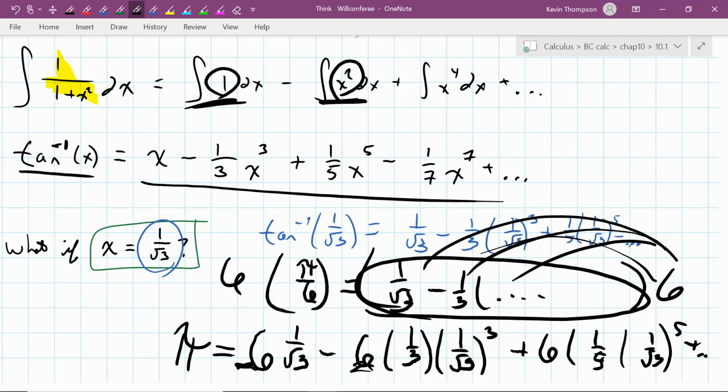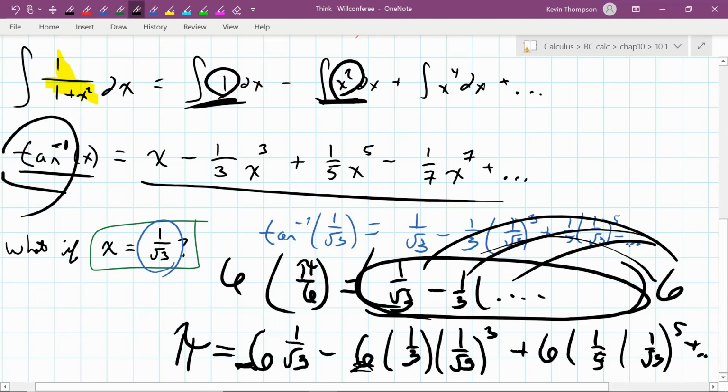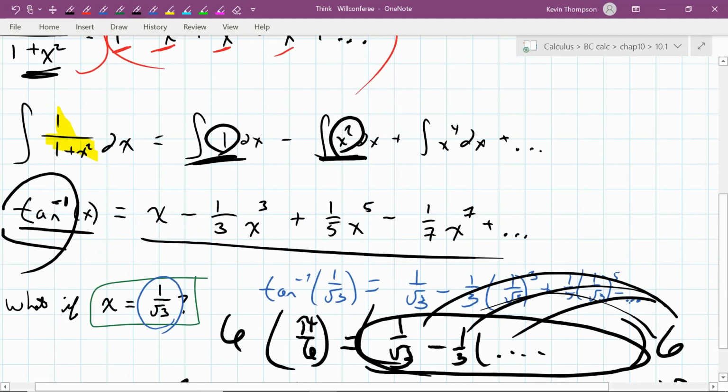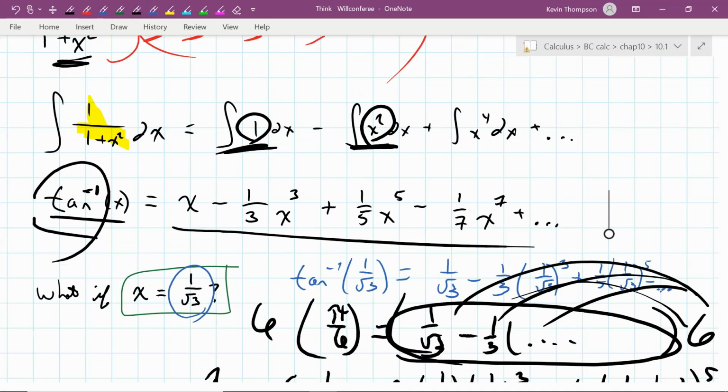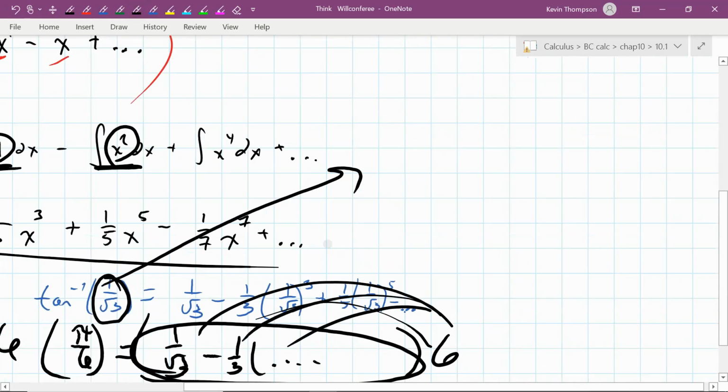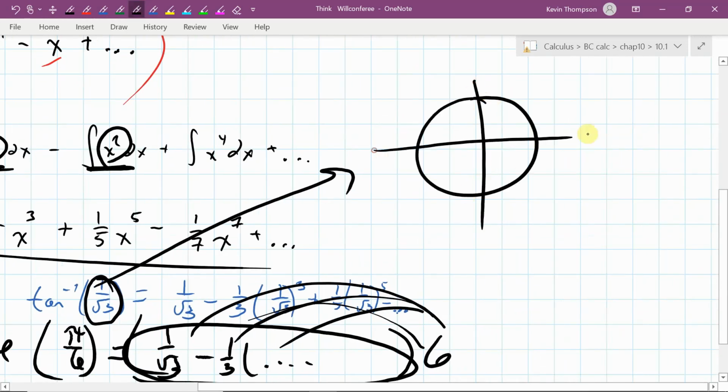Why is tangent special? I don't understand the question. Like, how did that even happen here? Well, it's just an observation. If I just go back to the unit circle here, are we listening?